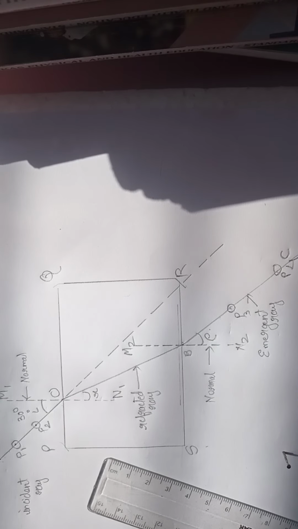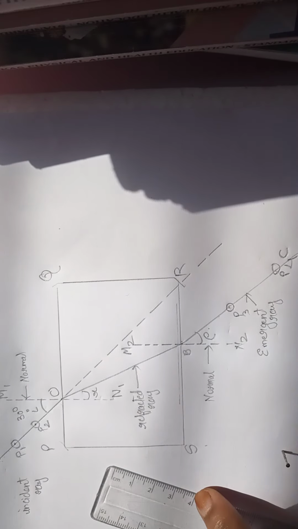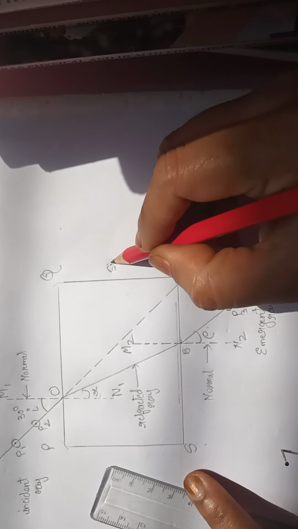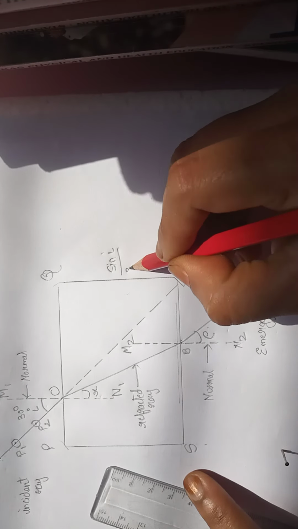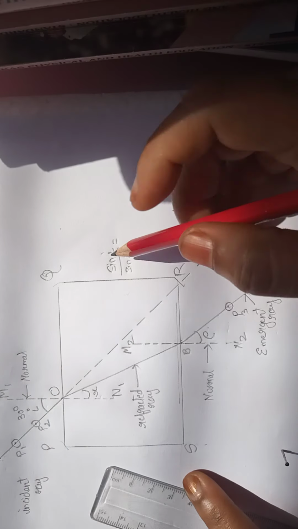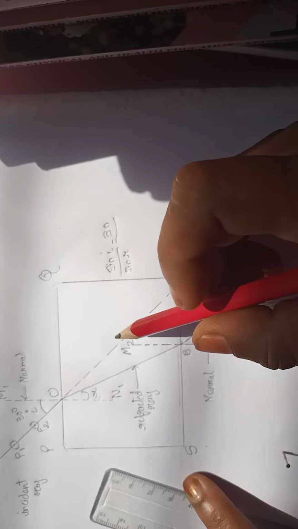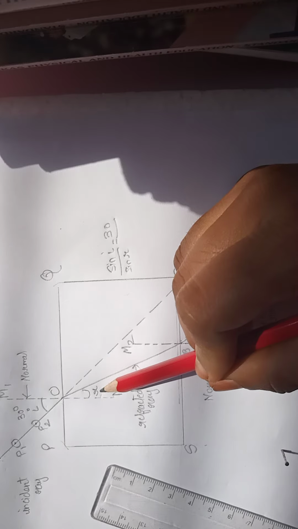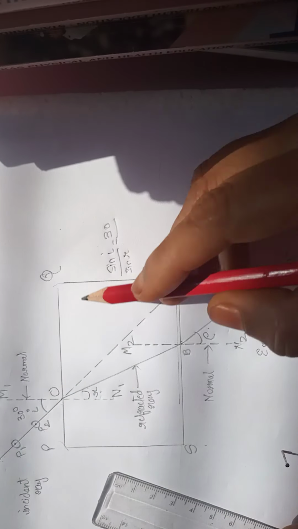Now with the help of this, we are going to find the ratio sin I upon sin R. Now after performing this experiment, we will find the ratio sin I upon sin R. Now I we already know it is 30. You will measure R. It is going to come 20 degrees.